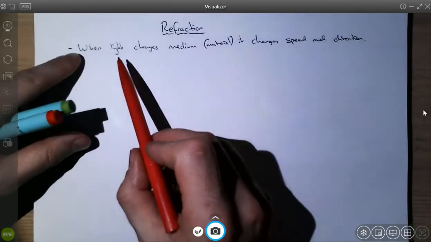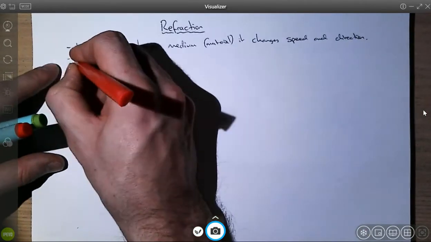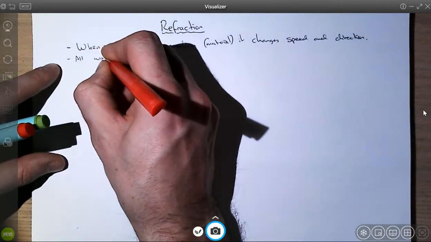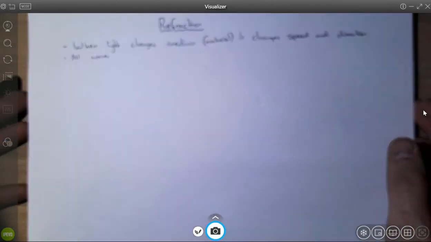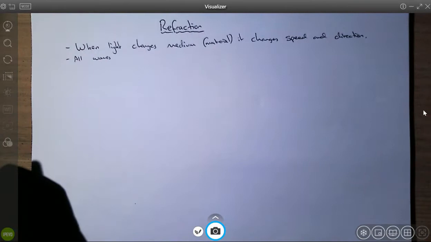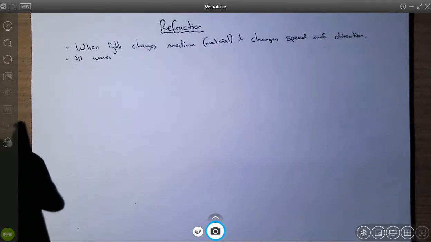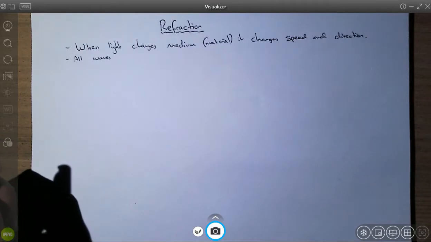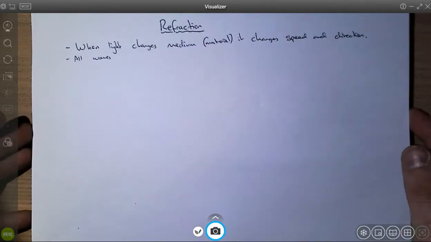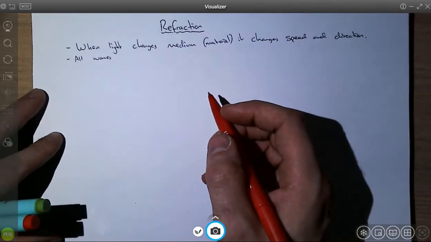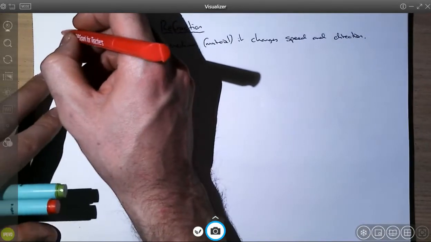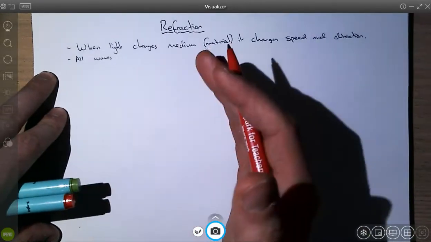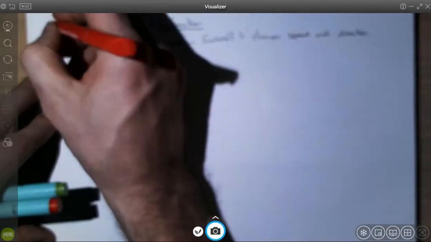So refraction is something that happens with all waves. All right, it doesn't matter whether they're sound, light, seismic waves, they will all refract. However, we're going to talk about it exclusively to do with the light, because that's what comes up at GCSE. There are some really nice videos online of people doing things like making lenses for sound out of carbon dioxide balloons.